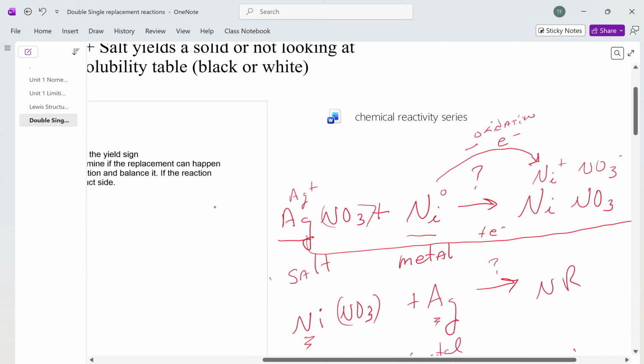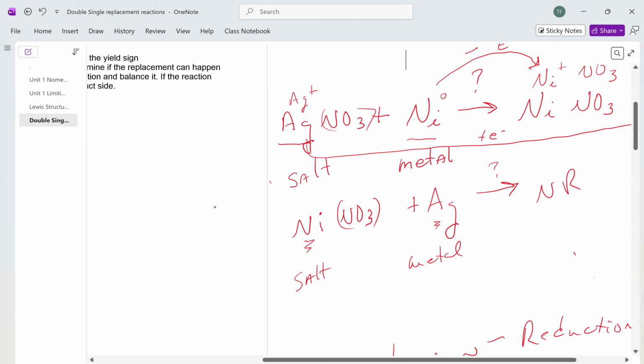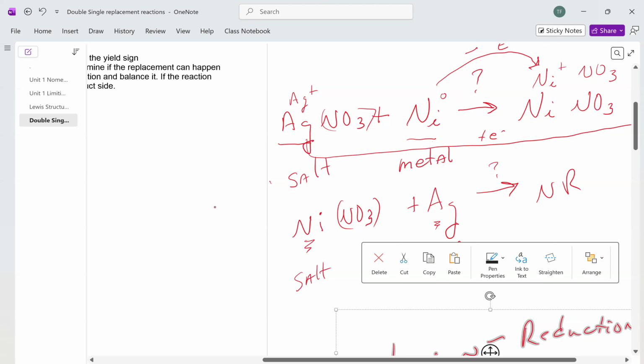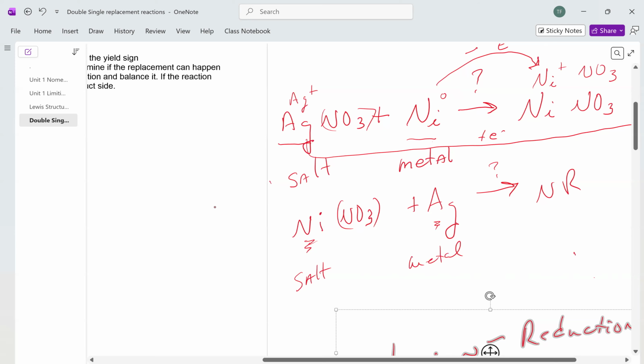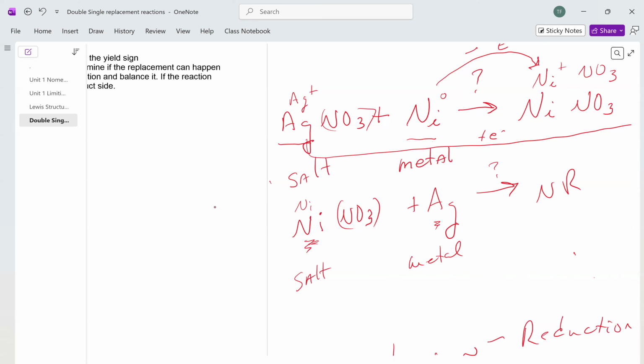So the silver now wants to oxidize more than the silver wants to be reduced. What happens here? The silver is below the nickel. So right now, the nickel is already in an oxidized state. It's +1, because NO3 is -1.